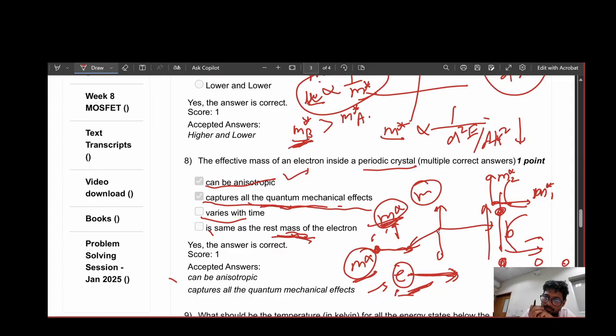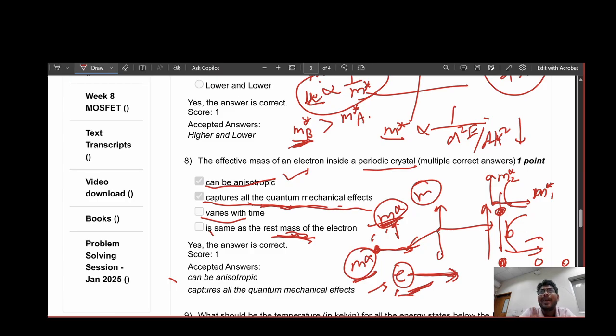But sir, it can vary with time, no? If the effective electron passes through a different doping region, meaning a different material property, then it varies with time.